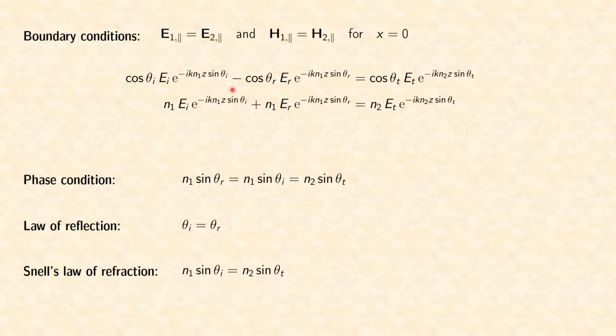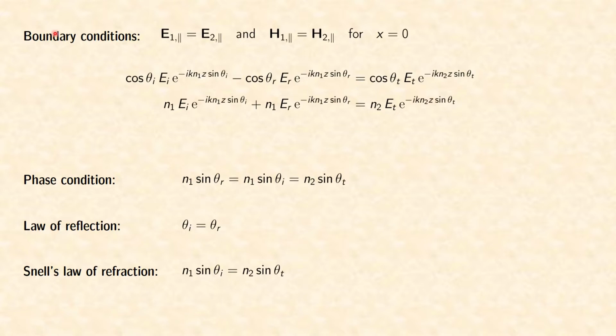Again, we have two complex equations, and they must be valid for arbitrary amplitudes and angles EI and theta I, and therefore they must be fulfilled for the phase as well as for the amplitude. The phase condition, however, is exactly the same as in case of the TE wave, because the phase factors are the same. And therefore we again get the law of reflection and Snell's law of refraction.